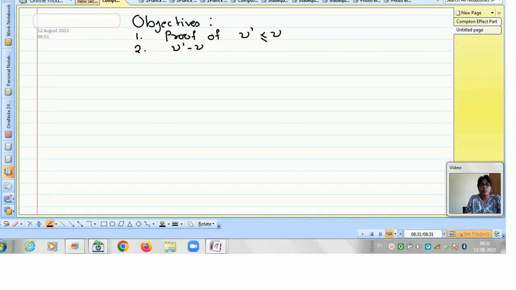meaning the difference between the modified and unmodified frequency, and then we will find lambda dash minus lambda, meaning the difference between the modified wavelength and the original wavelength. Here I have written nu dash minus nu, but this can be written as nu minus nu dash because nu is large in comparison to nu dash.